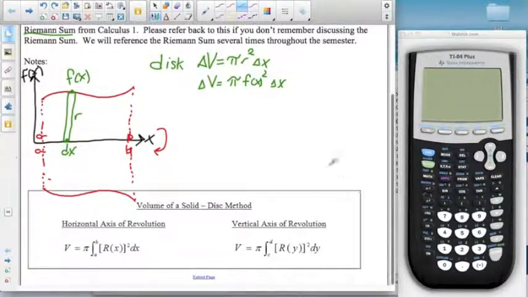And of course, if we add up all the rectangles from A to B, we'll get a Riemann sum for an estimate of volume for that solid.